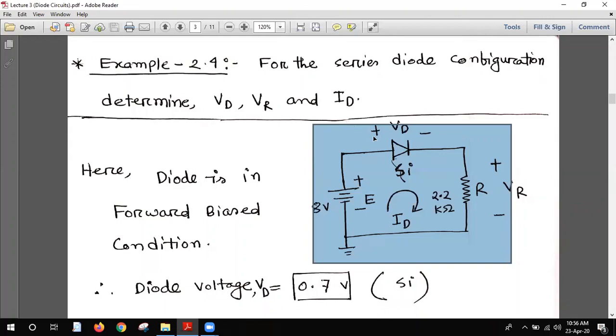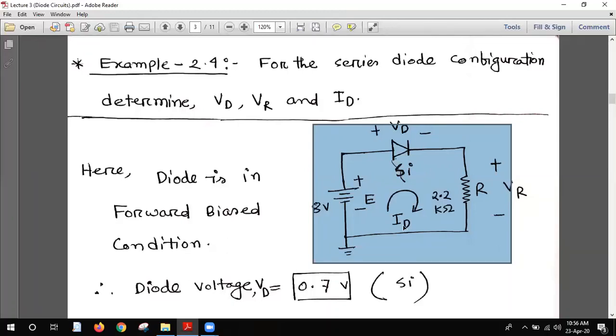VD is the diode voltage. VR is the voltage across this resistance, and ID is the series current in this circuit.